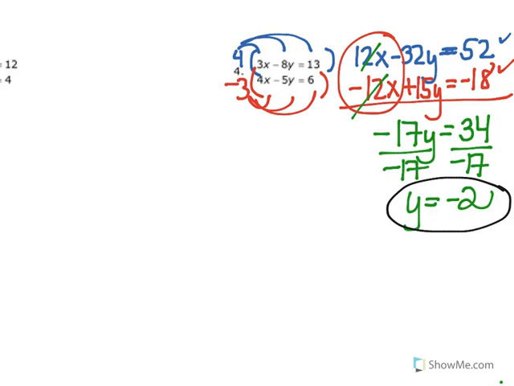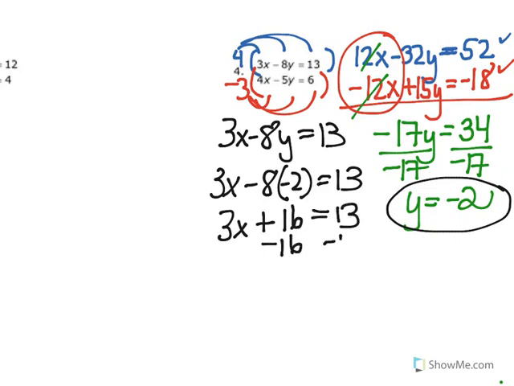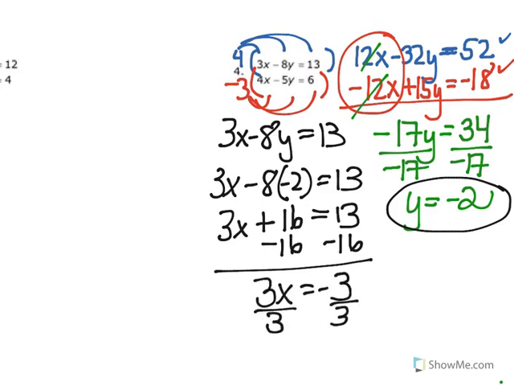So I'm going to use the top equation, which is 3x minus 8y equals 13. So 3x minus 8 times -2. And so we get 3x plus 16, because a negative times a negative is a positive, equals 13. I subtract 16. I get 3x equals -3, divide by 3, and x equals -1.